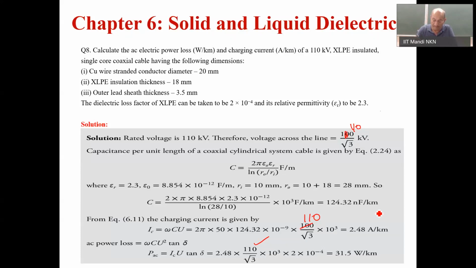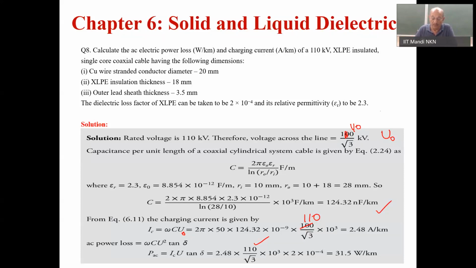You verify, okay? And then the charging current of any capacitor, because the dielectric forms a capacitor, will be omega C U, and this U is U naught. Find out the U naught.